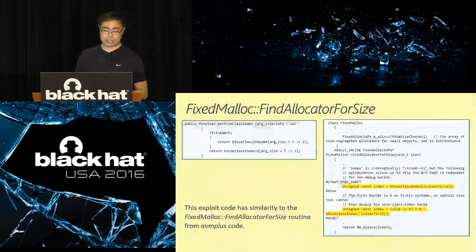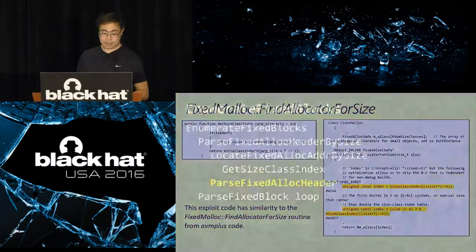On the left side is the get size class index function from the exploit code. On the right side is the actual MMgc source code from AVM Plus, and they are the same.